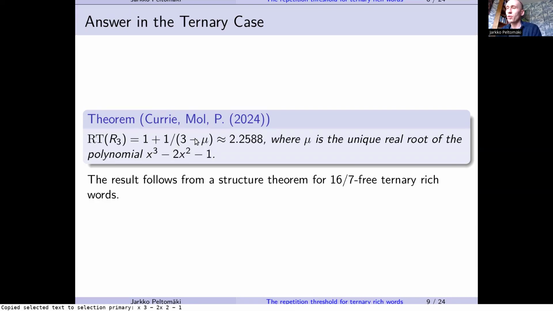It's something like 2.26. So we know that value now, and in fact, to determine this result, we actually proved a certain kind of structure theorem for all ternary rich words that avoid 16/7 powers. I'll state it in a second.